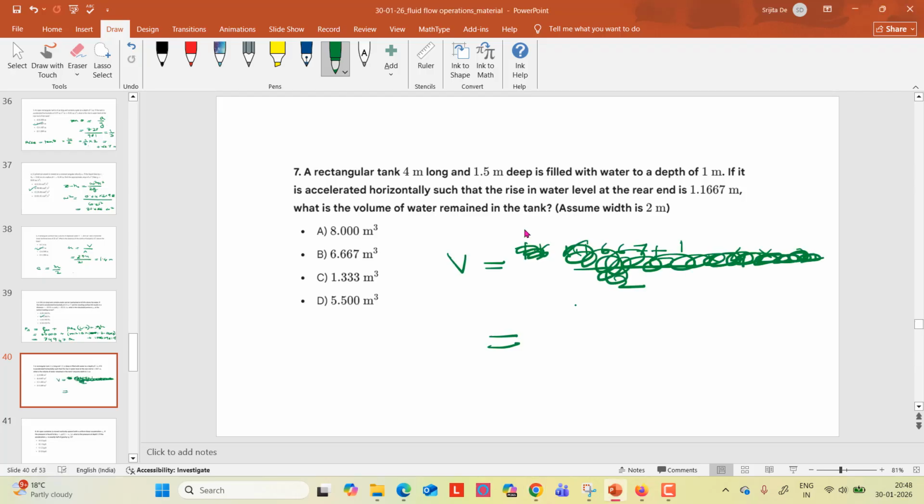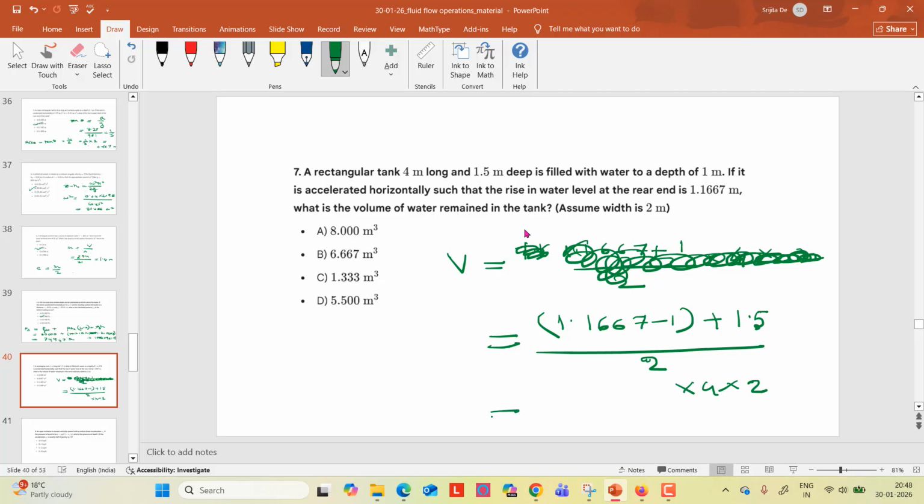The rise is 1.1667, right? 1.1667 minus 1, and the front it is 1.5 deep, by 2, into width, length and width.